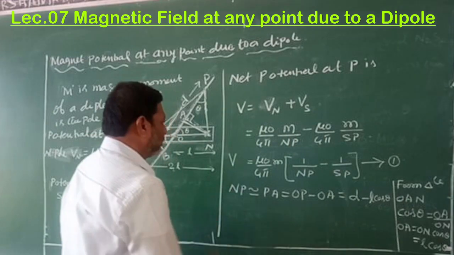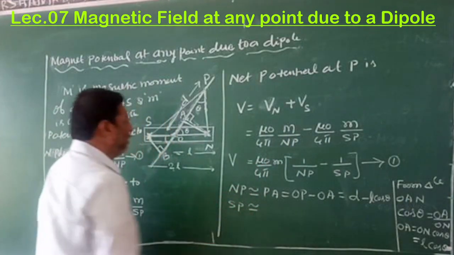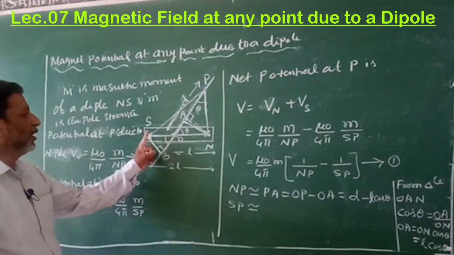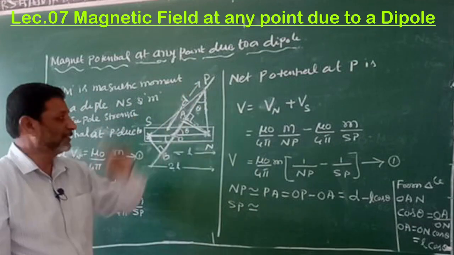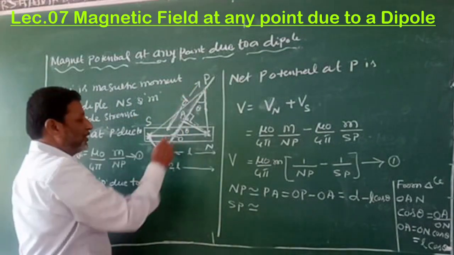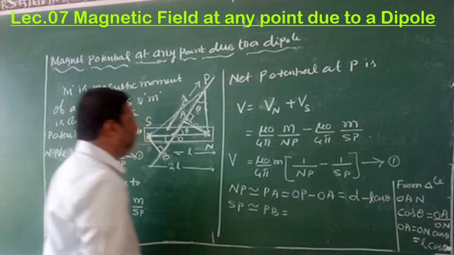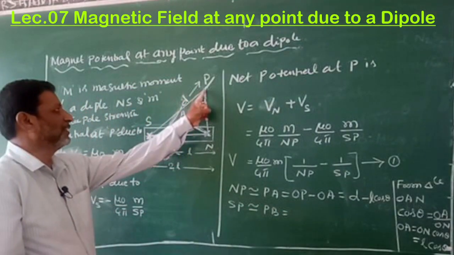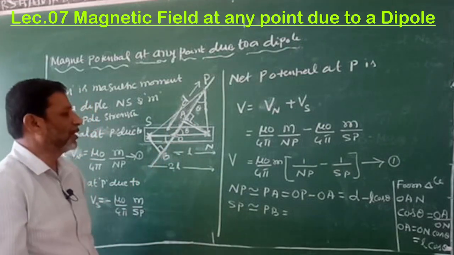The next is, you want the value of SP. This SP is approximately equal to PB.